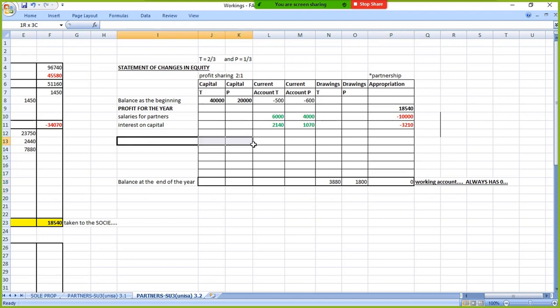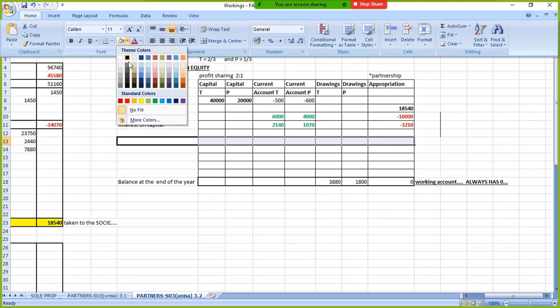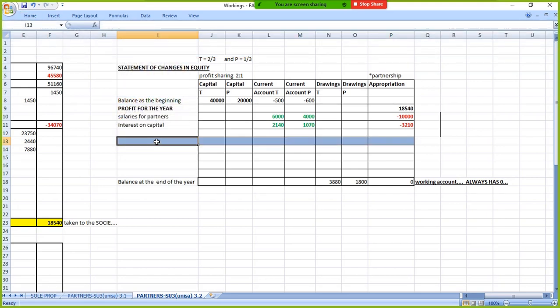Literally, there's going to be a working here that you'd have to do to allocate, or appropriate, the profits. We know there's a profit. What's the difference? This minus that gives me 5330, which is going to be shared amongst the partners. That will be a debit. You would subtract it from the profit and allocate that to the current account.